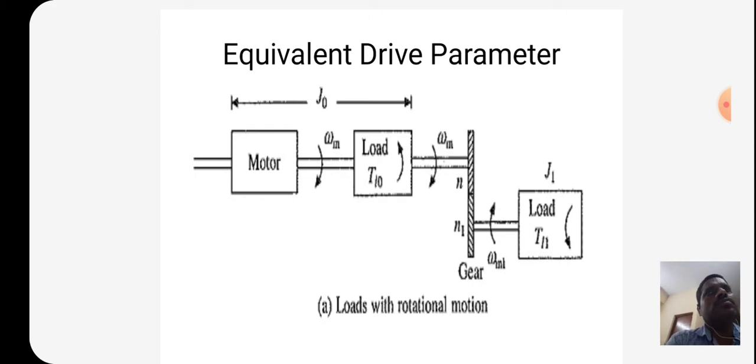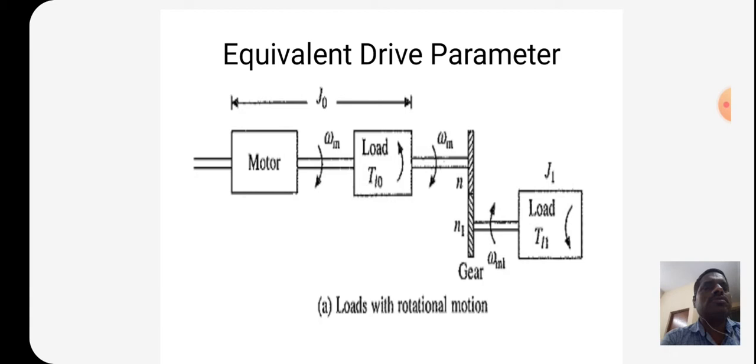In the drives, we have to see forward motoring, reverse motoring, forward braking, and reverse braking in that case. Now today we will discuss the equivalent drive parameters.